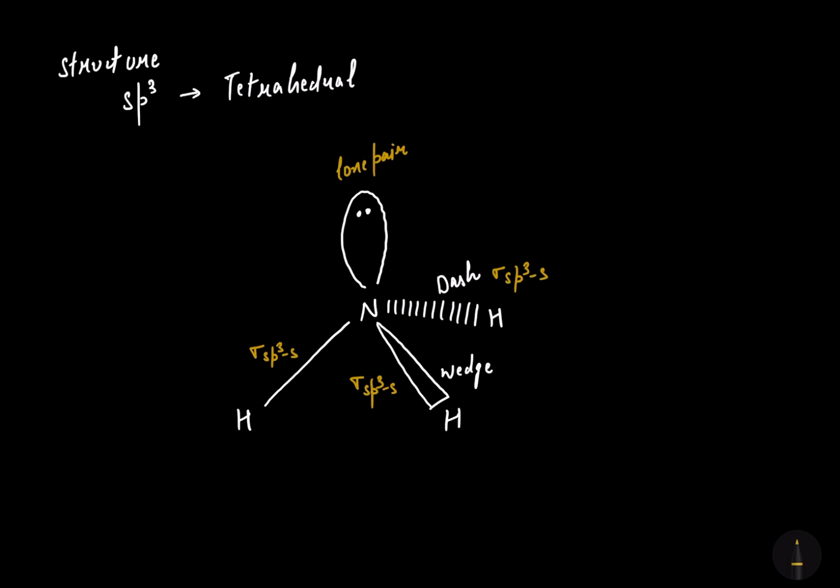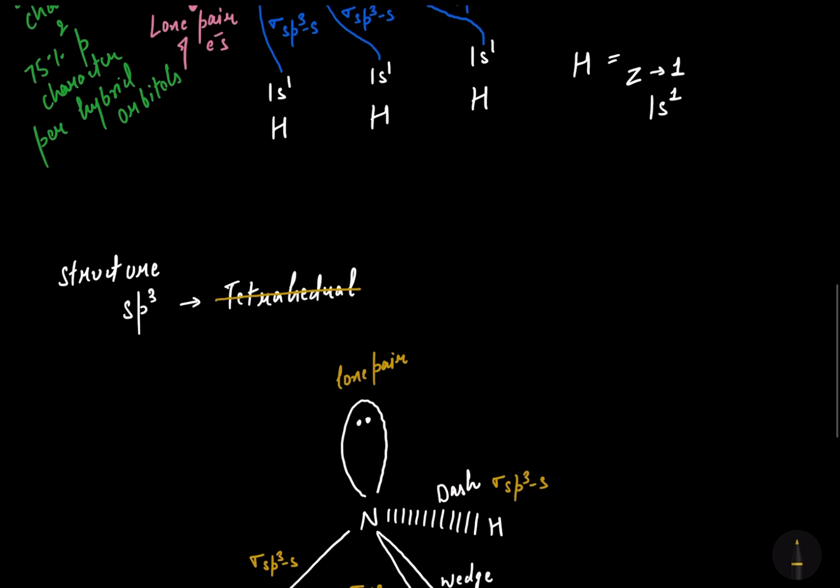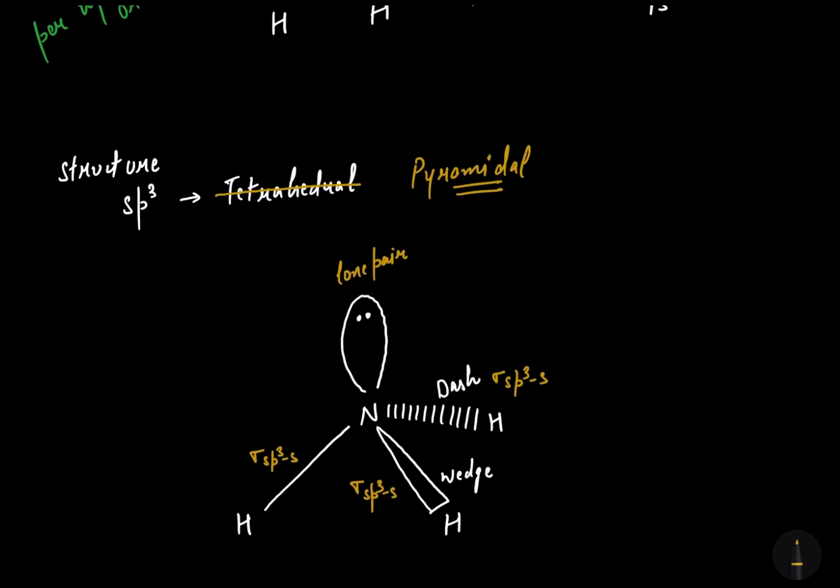So this is not taken to be tetrahedral geometry. This will be called as pyramidal geometry. So whenever a tetrahedral structure has one lone pair, it is named as pyramidal geometry. So in case of NH3, the structure will be called as pyramidal.